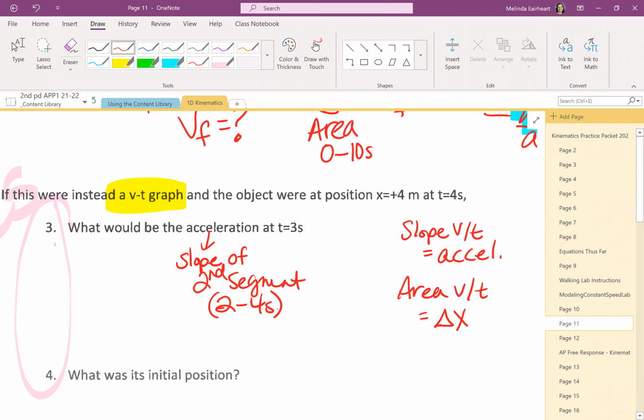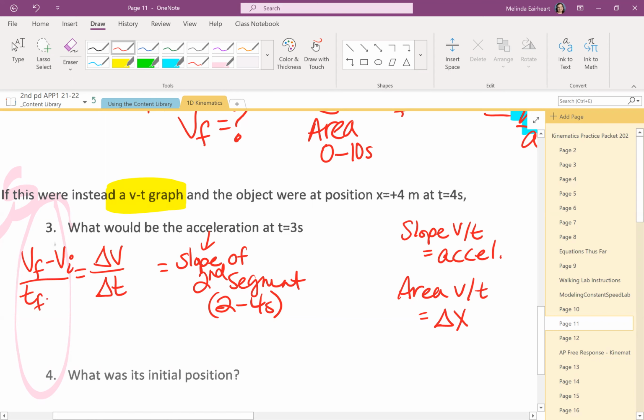If you do 2 to 3 or 3 to 4, that's fine. We should get the same answer, okay? And so slope is that rise, change in velocity, over run, and each of those are final minus initial. Timing, if I say I'm using 2 and 4, I need to make sure I grab those velocities, and it would be 4 minus 2, final minus initial.